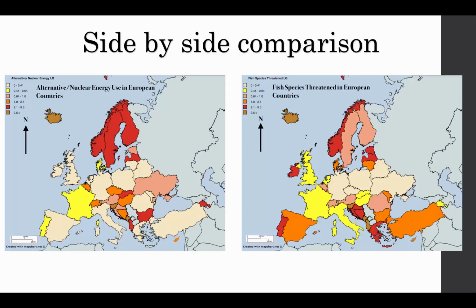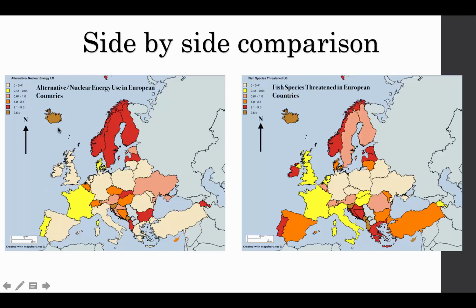This is a side-by-side comparison of the two variables, and based on these maps, I don't find any significant correlation between alternative energy use and the fish species threatened. However, there are a few countries that did remain consistent through each variable.